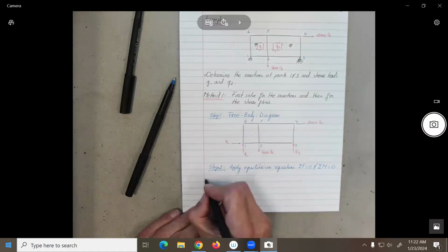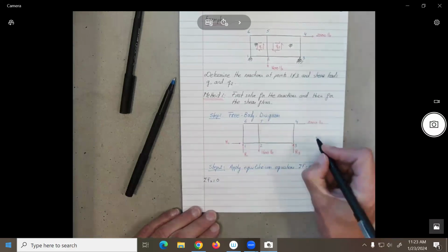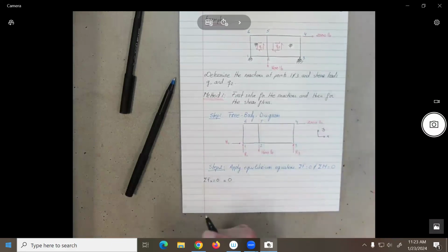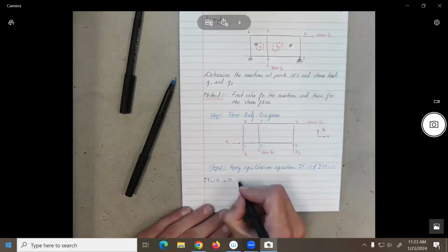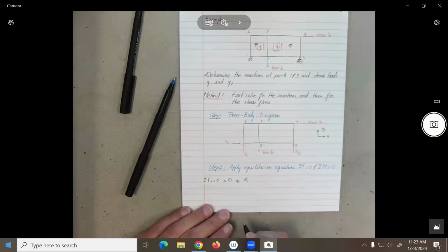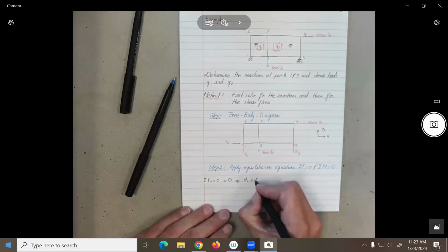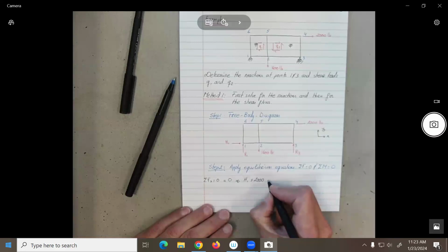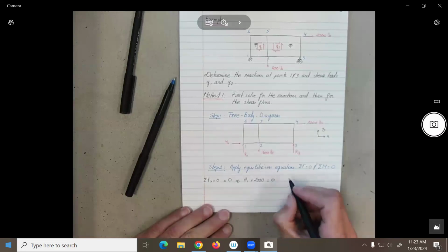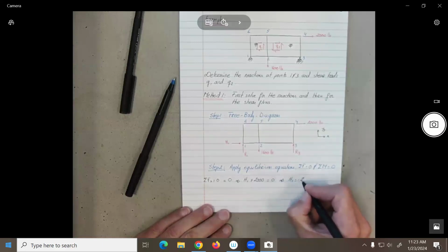If we do the summation of forces in the x direction, what are we going to get? H1 plus 2000 equal to 0. So here we can solve right away. H1 should be equal to what?